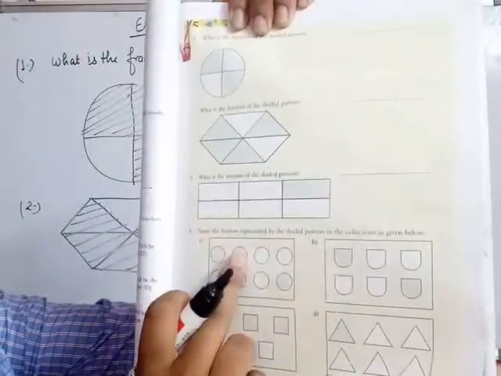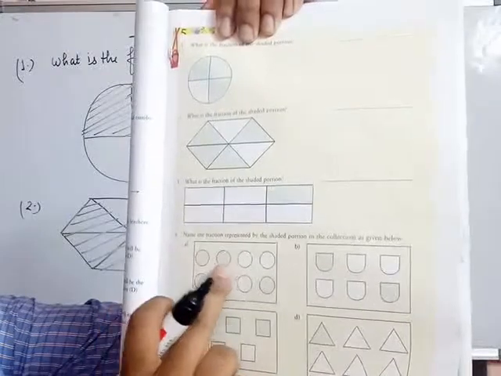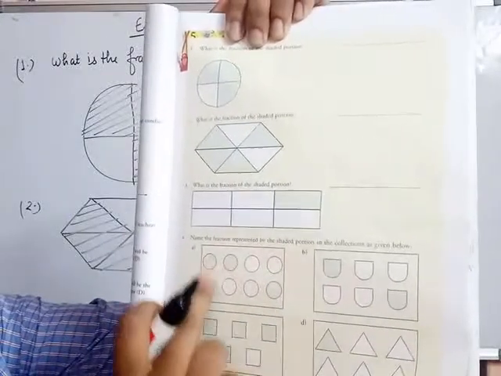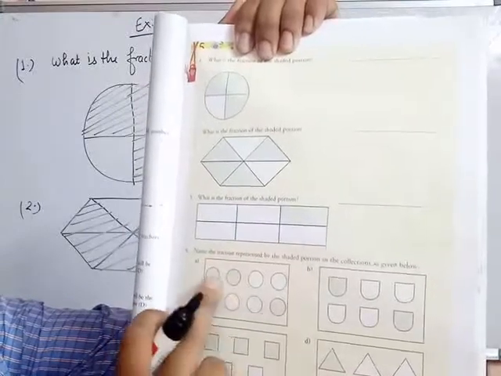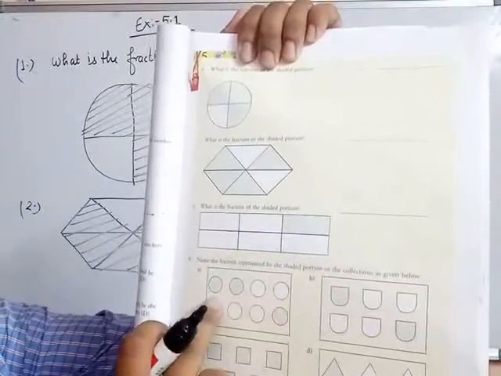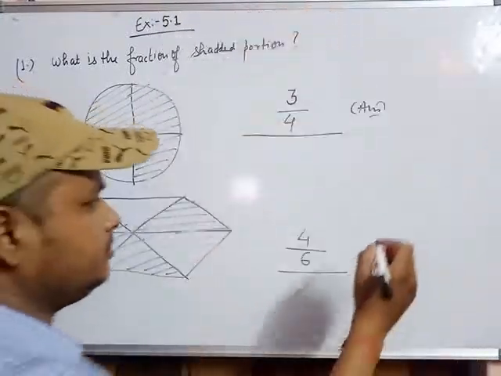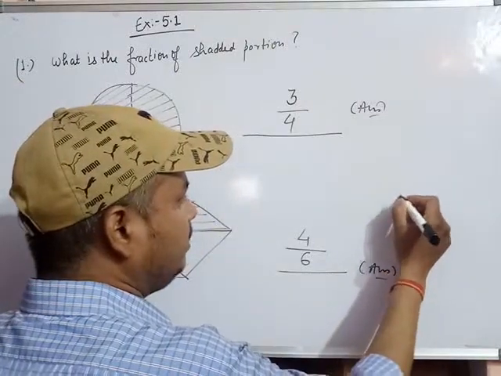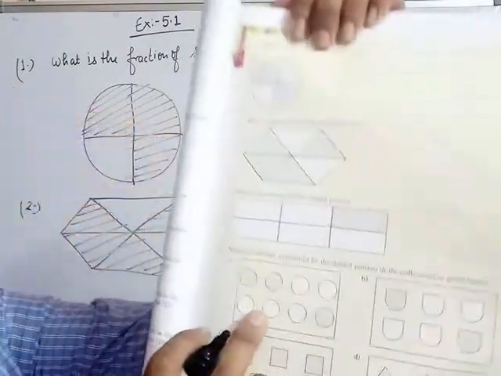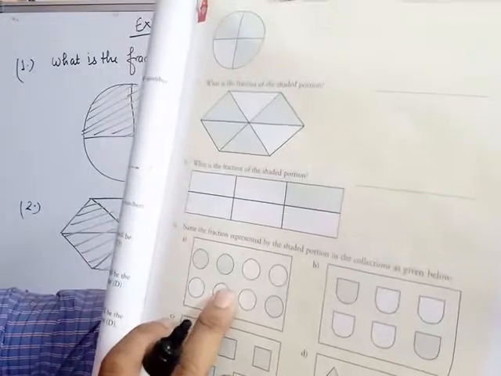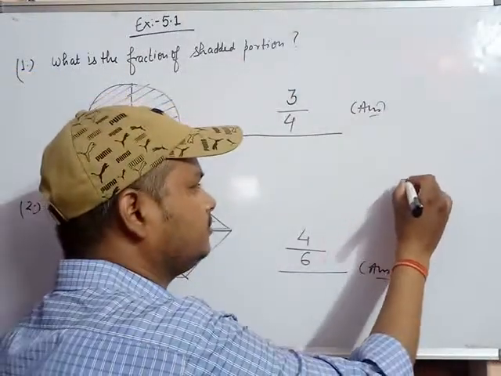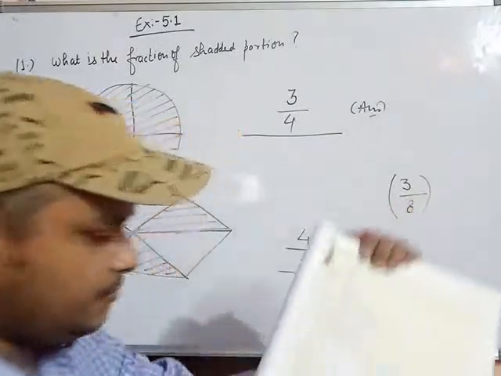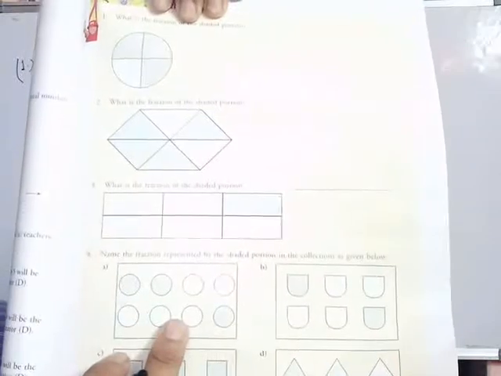In this figure you have to give the fraction. So the total number of circles is 8, and the number of shaded ones is 1, 2, 3. So 3 upon 8. The answer of this question is 3 upon 8.